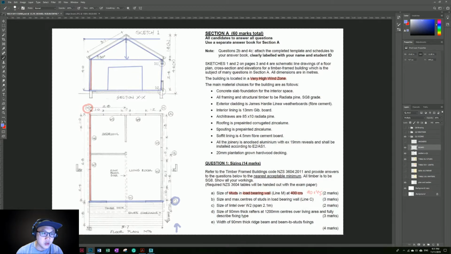But then I think it would include some of the rafters. Did they say anything about the rafter size? Not really. But I guess the wall will be about 4 meters to 4.2 up to that level. So that's what we need to consider. That's the maximum height of that wall.